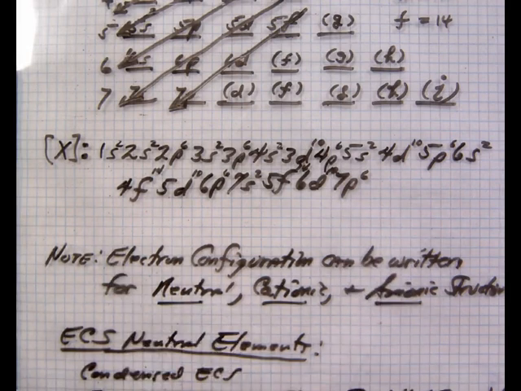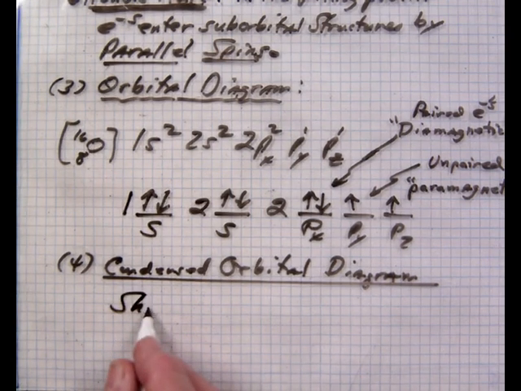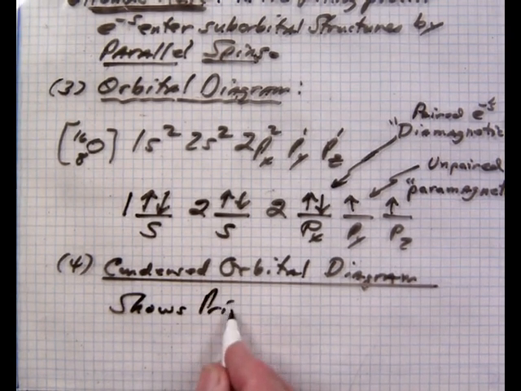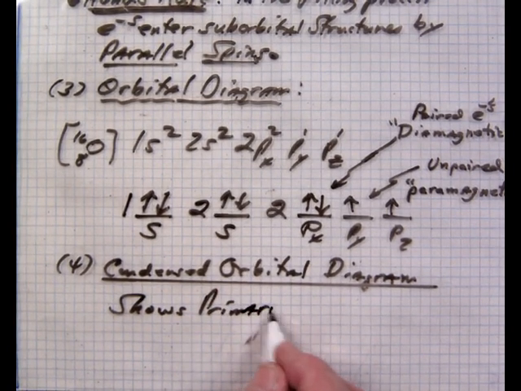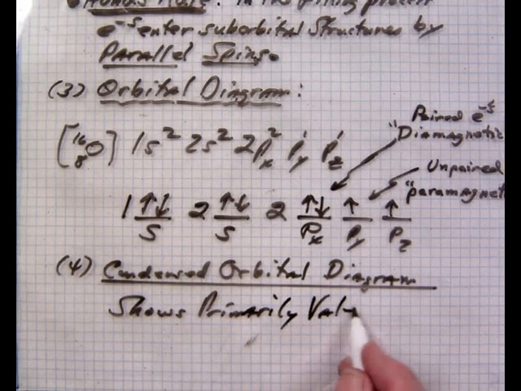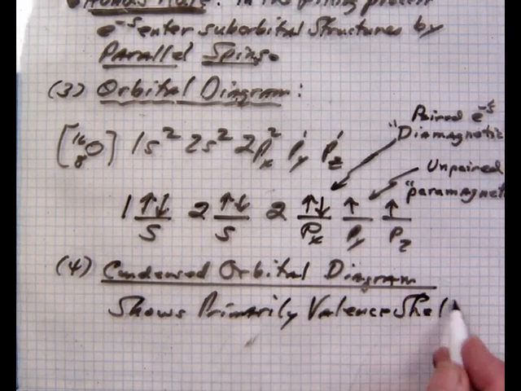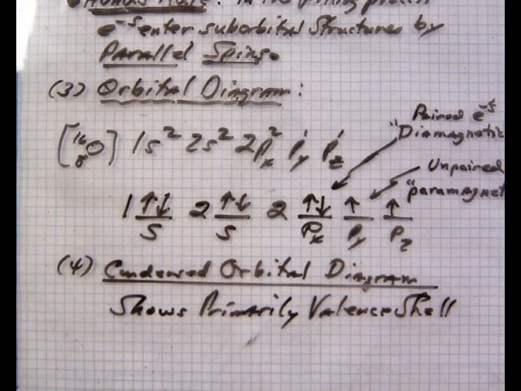Well, what the condensed orbital diagram does is it gets rid of the core structure. It's supposed to show primarily the valence shell only.